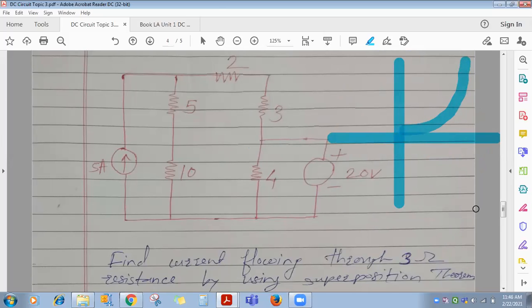Reverse bias mode means the current direction now will change through the diode. So are the characteristics in forward bias mode and reverse bias mode of the diode the same or different? Different. It means if you are changing the current direction, the characteristics of the circuit change, so it is a non-linear circuit.